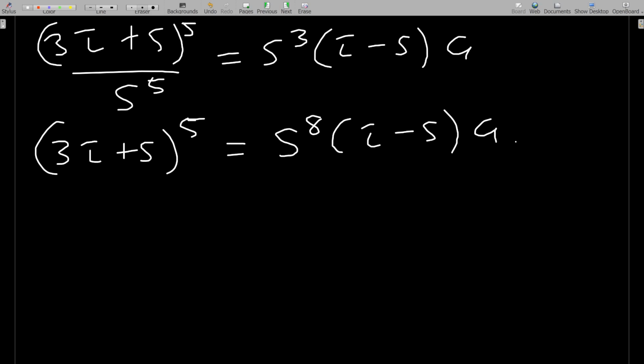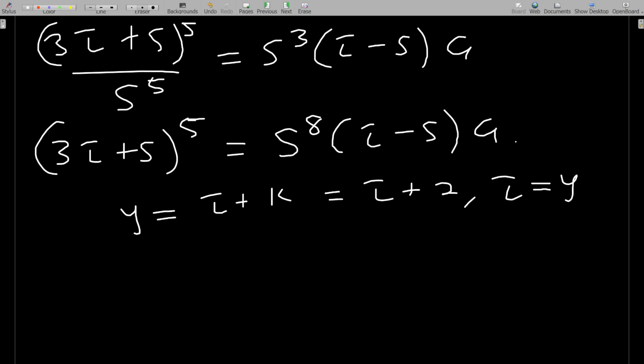Now let's go back to our question and write back our formula. We said tau was equal to the substitution we did, y minus 2. We said y is equal to tau plus k, and that k was 2, so y equals tau plus 2, and if I make tau the subject, I have tau equal to y minus 2.